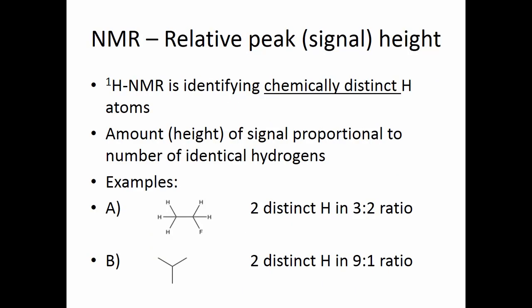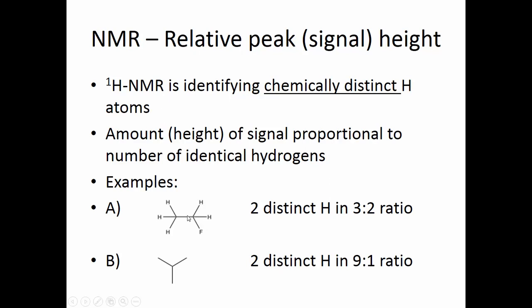And so what does it mean? You're identifying chemically distinct hydrogen atoms. Again, we've only looked at hydrogen NMR. We haven't looked at C13 NMR. The height of a signal is proportional to the number of identical hydrogens. If we look at one carbon, a carbon can bond to 4 things.